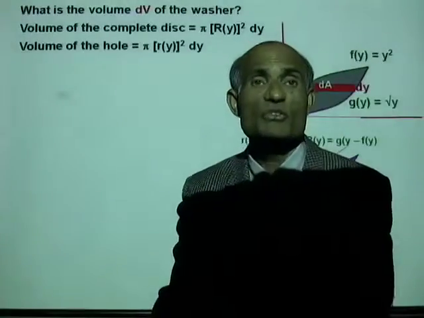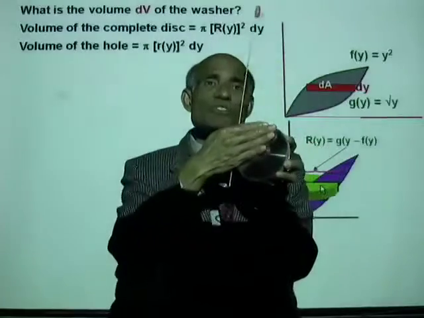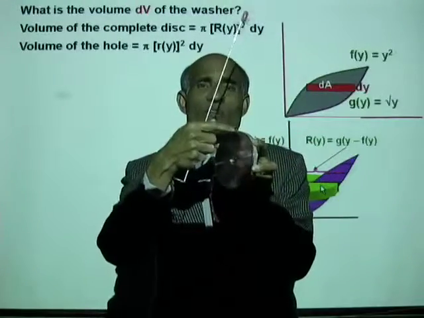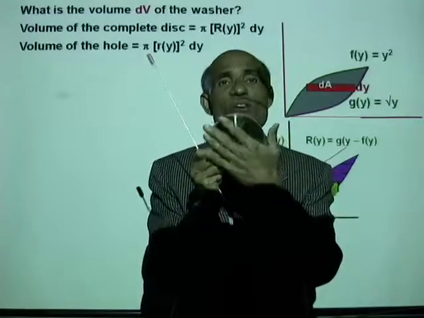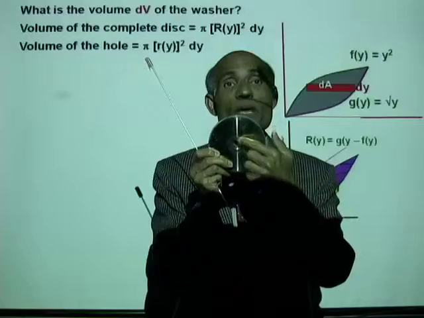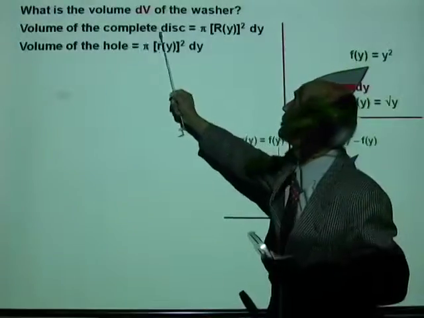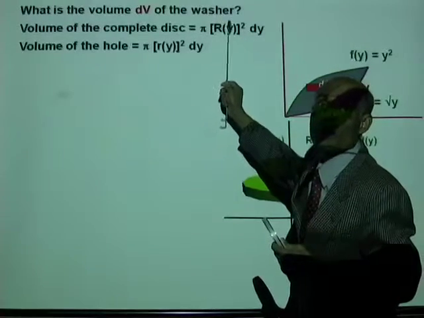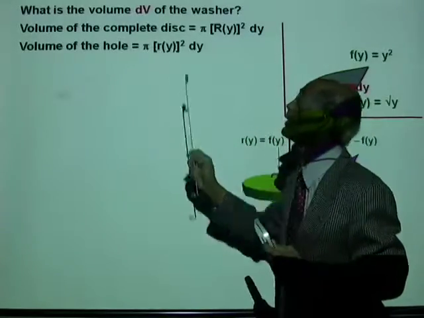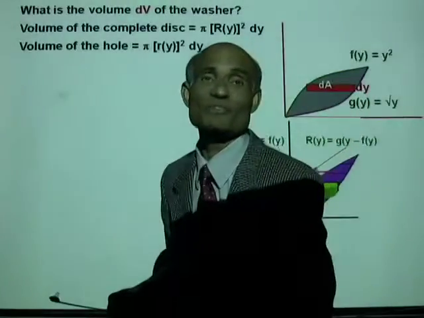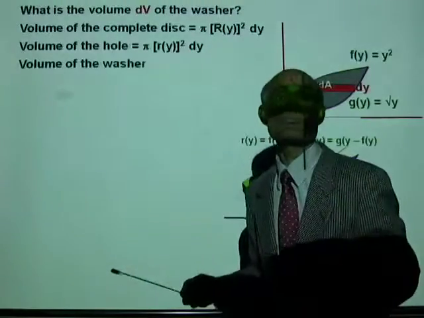dy is the thickness of the disc. So, the volume is the face area multiplied by the thickness. For the entire disc, the face area is pi times uppercase R squared and multiplied by dy. So the volume of the complete disc is pi uppercase R squared dy. The volume of the hole is pi lowercase r squared dy. Therefore, what is dV, the volume of the washer?